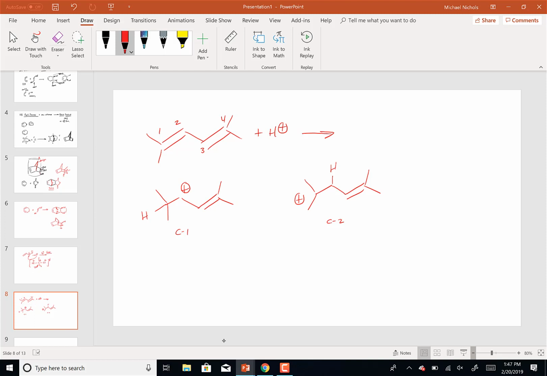Just be brave. It's the one on the left. Right now I've got a secondary carbocation versus a tertiary carbocation. Can I do anything to this carbocation? Any additional resonance structures I can draw over here?